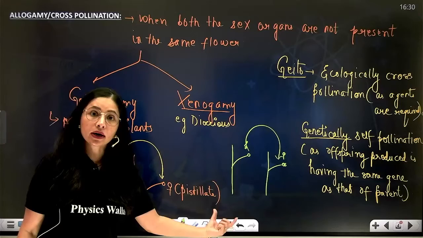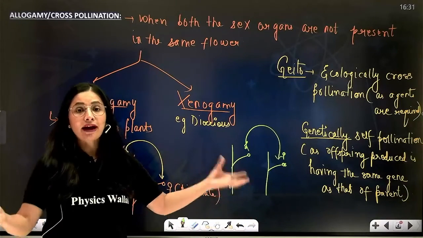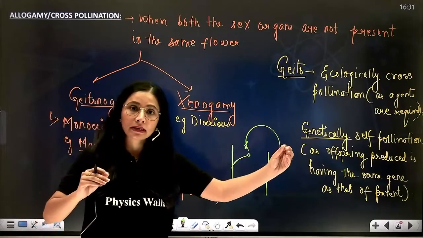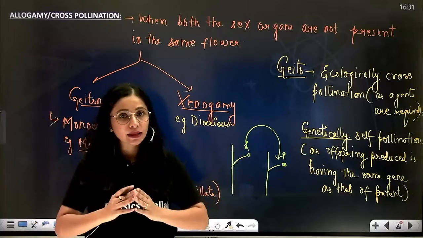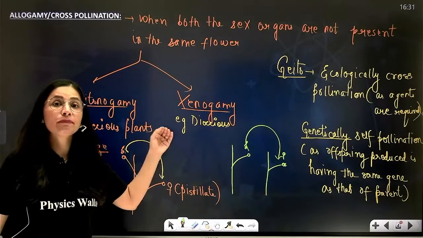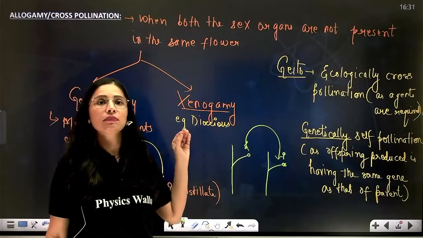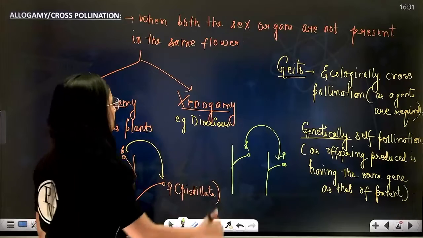Now since the bodies are also different, the new organism which will be born will have variable genes of the male parent plant as well as of the female parent plant. Therefore, you can say that xenogamy is actually pure cross-pollination, both genetically and ecologically. So what you can write for this?